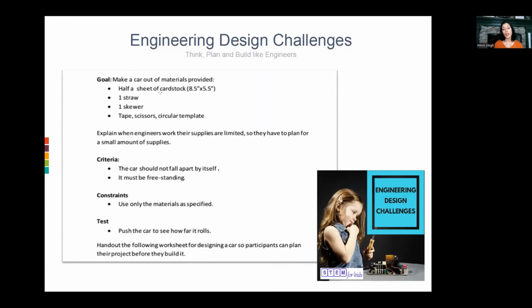And I'll tell you that this simple challenge, we've done it countless times now, and even to this day, there are times when we see a completely unique design that we had not seen before. You would think that when you've done it so many times, because there's only so much you can do with all that material, that you would have seen whatever design can come out of it. No, we still see something that comes up and we say, oh, didn't think of this design at all. So it's really interesting.